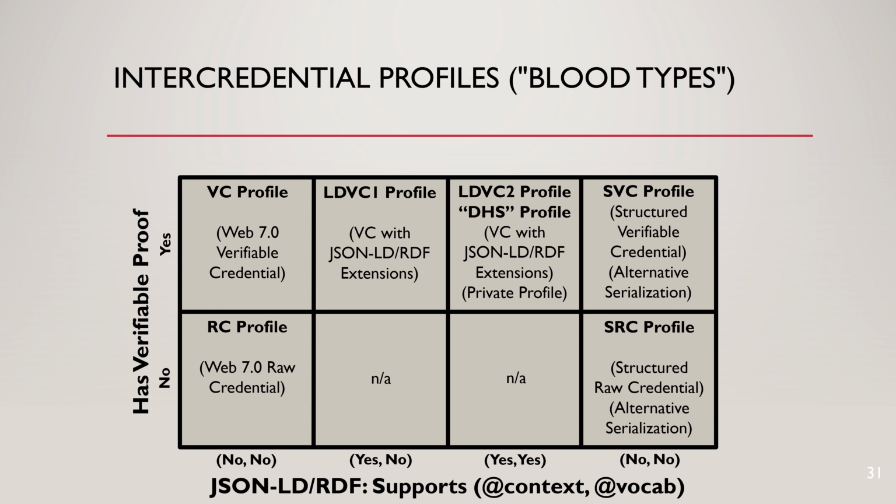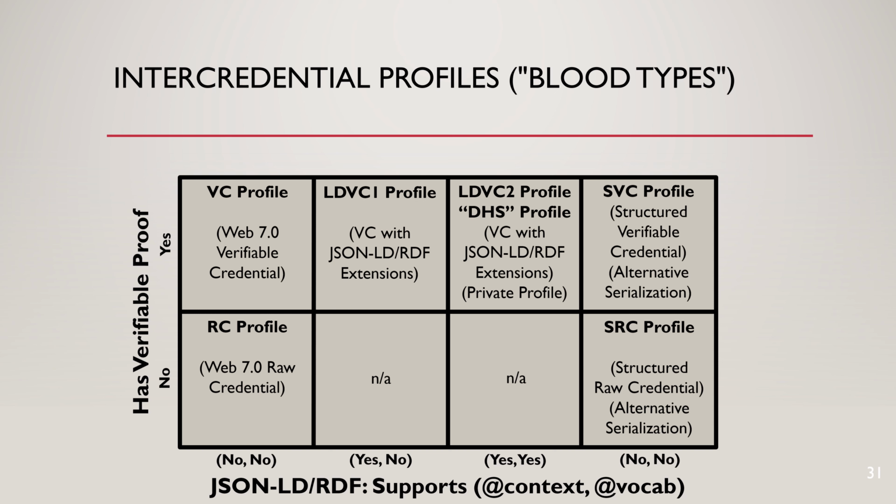If we look at the LD VC2 profile, or what I might call the DHS profile, this is a verifiable credential that has, again, more complete JSON-LD RDF support. And to some extent, when it becomes so niche in meeting the needs of a particular group of applications, you could consider it a private profile. And at the bottom of column 3, you see yes, yes for supporting both context and vocab.